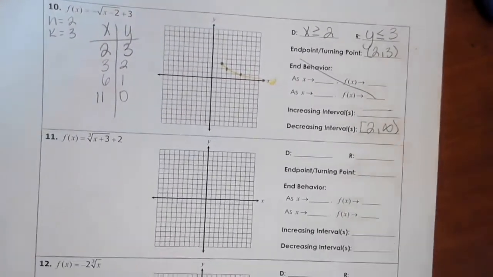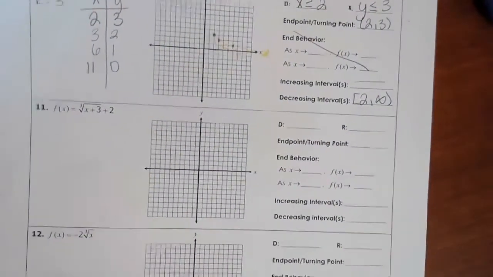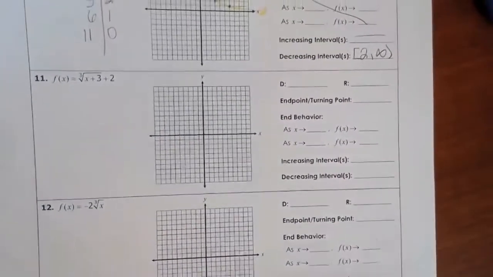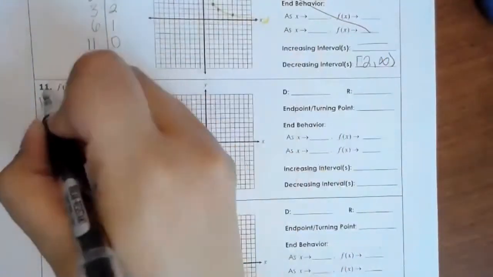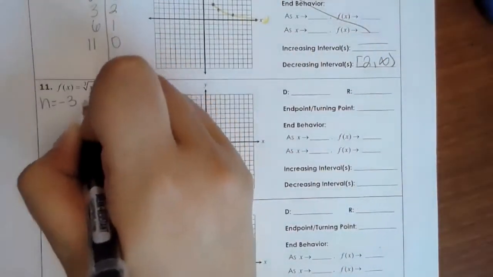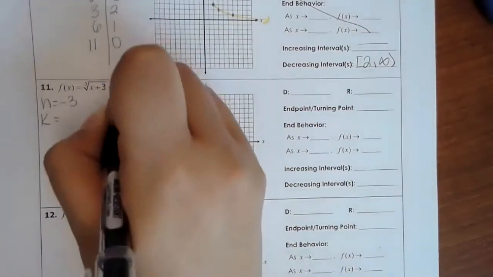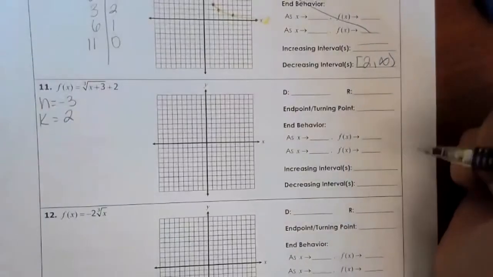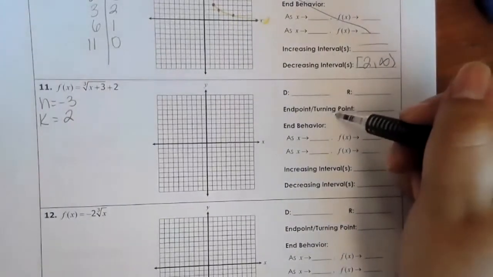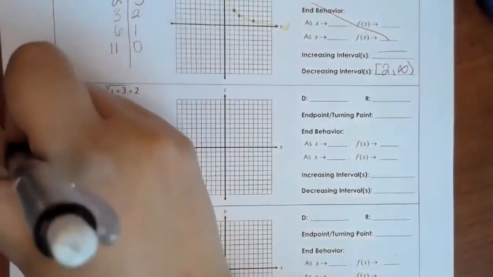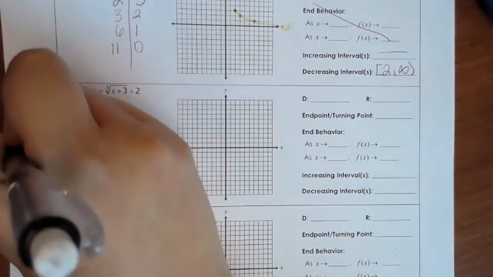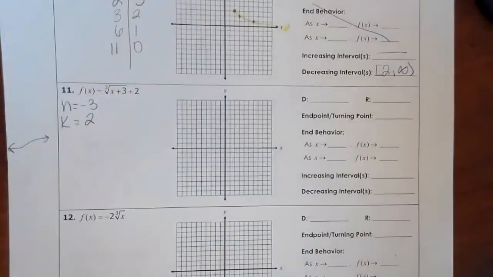All right, let's look at these cube roots. Starting with number 11, you're going to start the same. You're going to look for h, which is negative 3, take the opposite sign. Look for k, which is a positive 2. And in this case, instead of an endpoint, we have a turning point. So just a reminder that cube roots look like this.